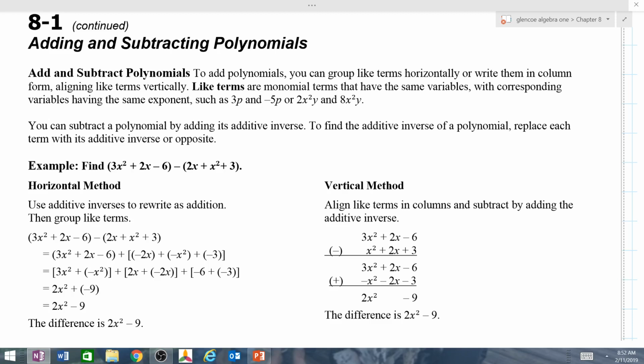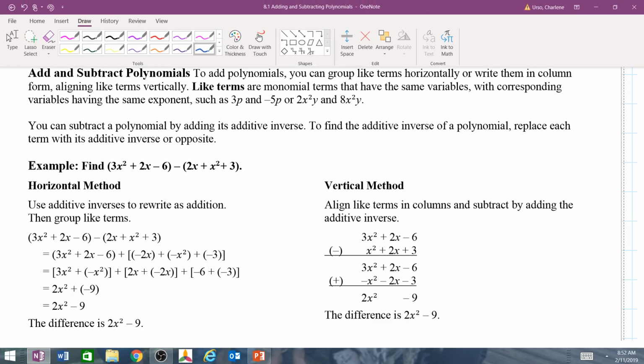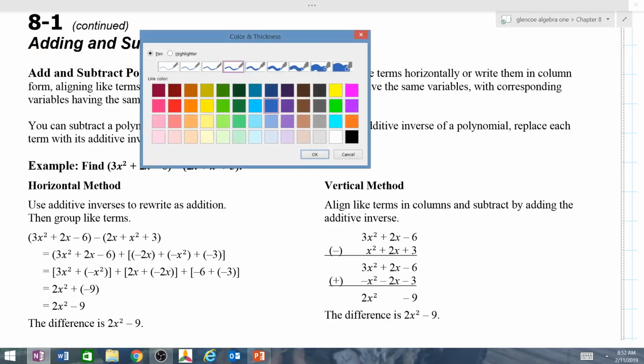They have the same variables with the same corresponding exponents. I'm going to suggest that we use the horizontal method only, because sometimes when people use the vertical method and they subtract, they forget to change the sign. So I think this might be easier for you guys.